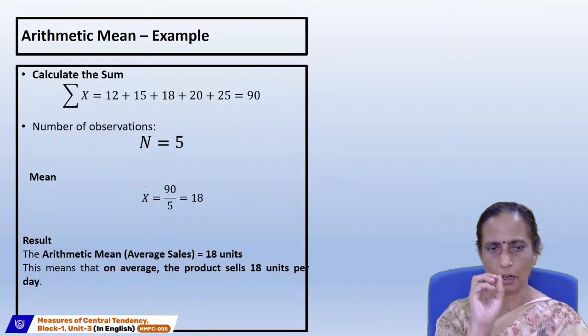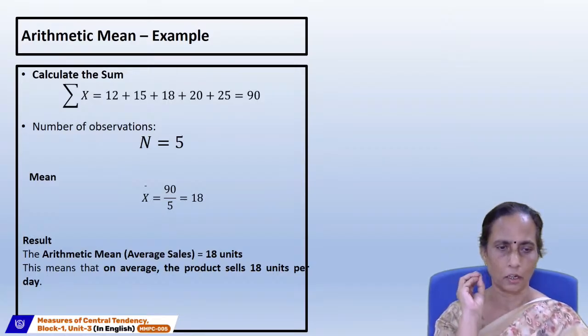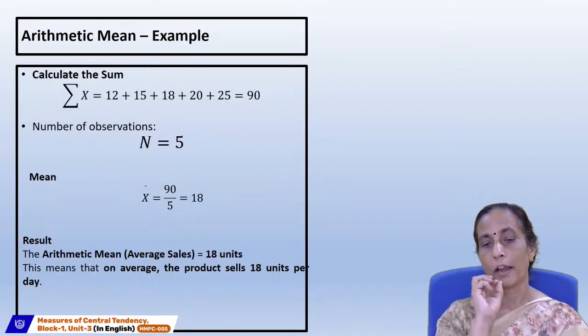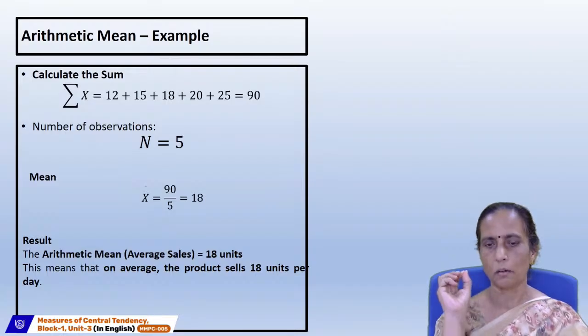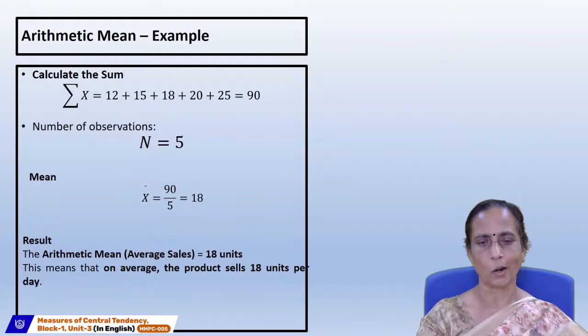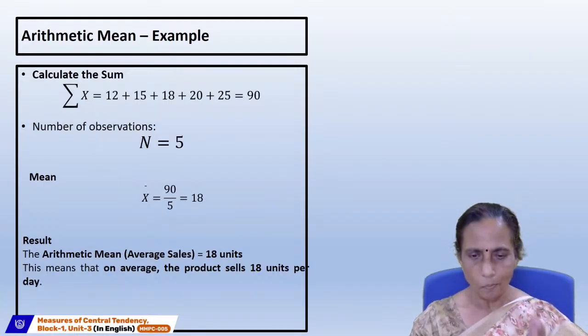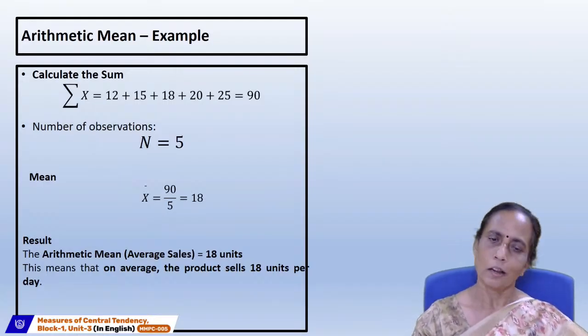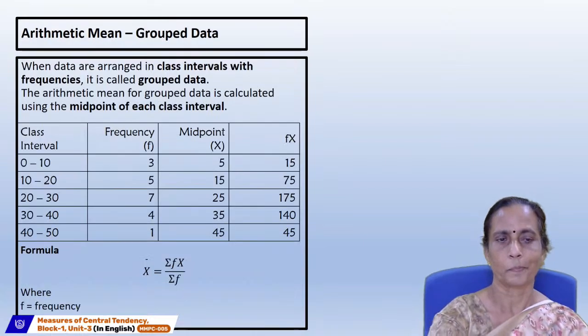So the arithmetic mean or average sales is 18 units. So this means that on an average the product sells 18 units per day. On the basis of that, you may decide how many units of production are required in your company.